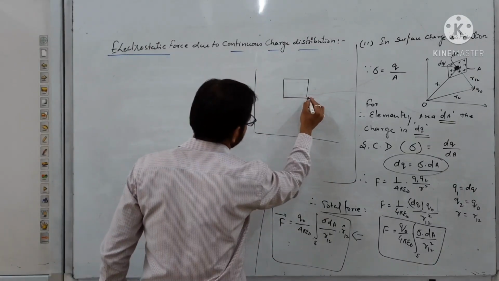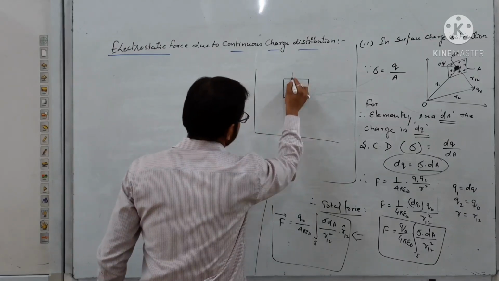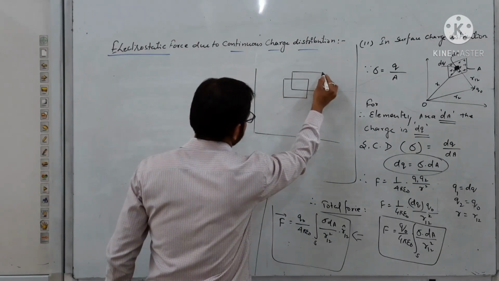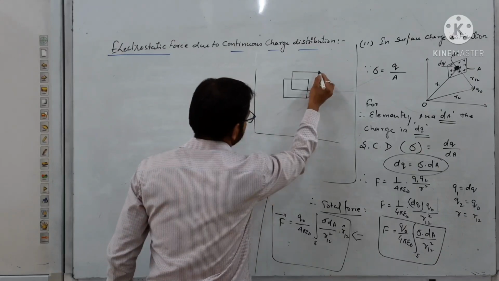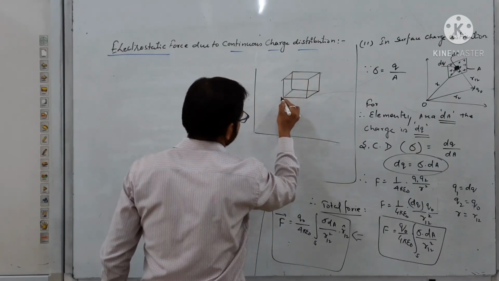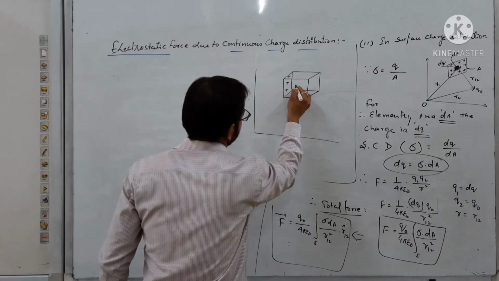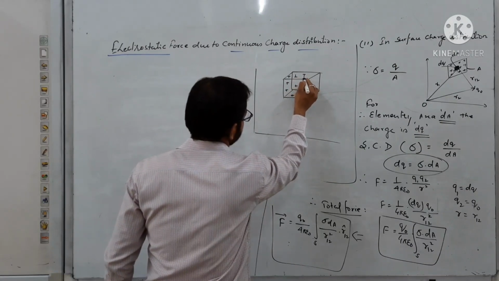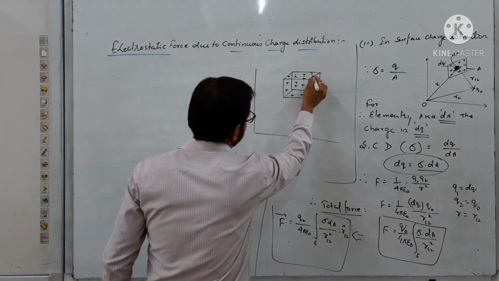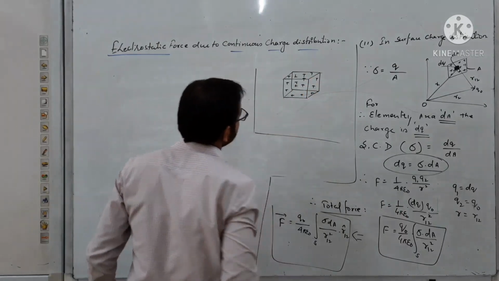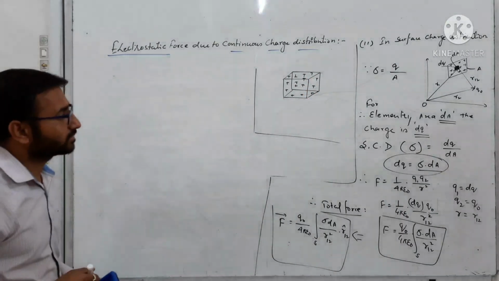Suppose this block is this, in which charge is equally spaced, and it is called volume charge distribution.